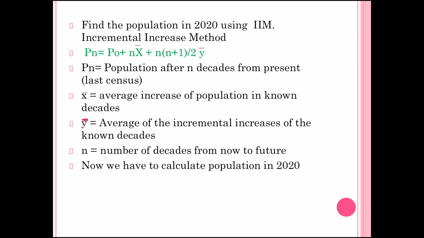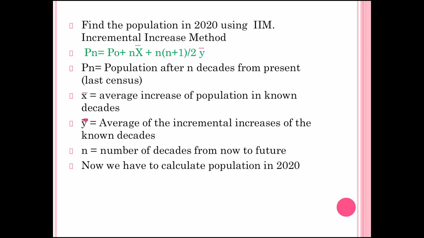This is the formula for calculating the population in the IIM method, where Pn is the population after n decades from the present census, x bar is the average increase of population in known decades, y bar is the average of the incremental increase of the known decades, and n is the number of decades from now to the future.